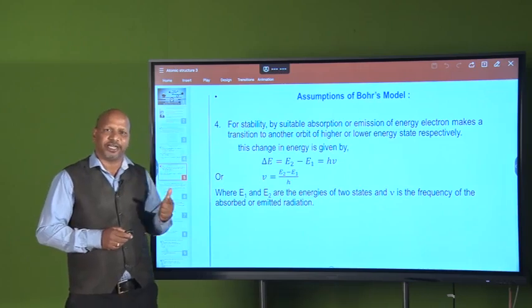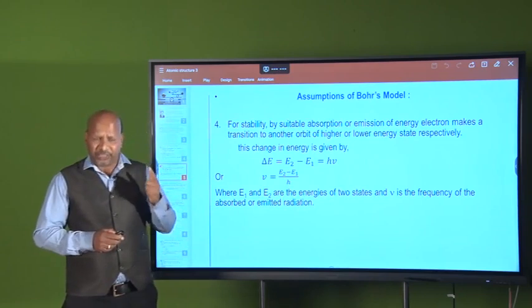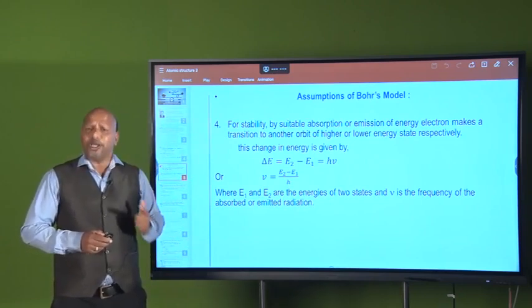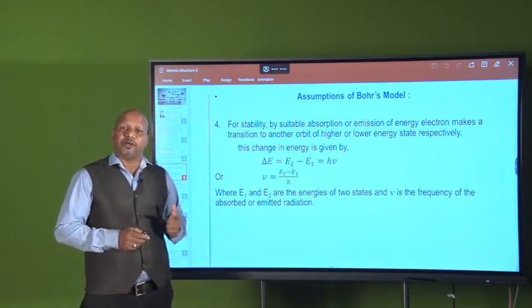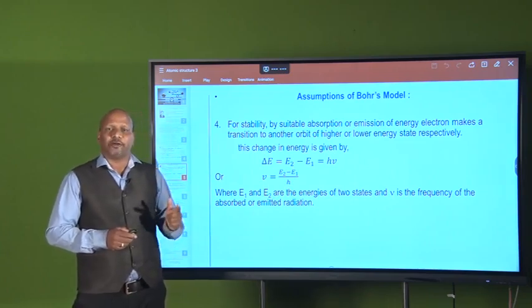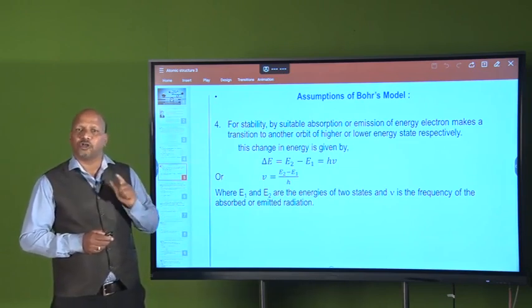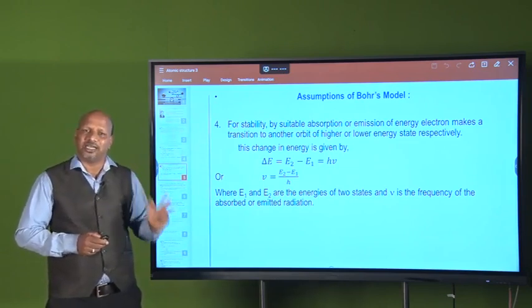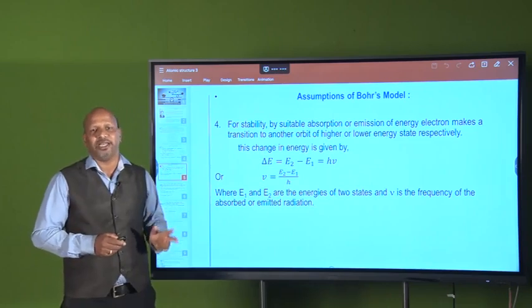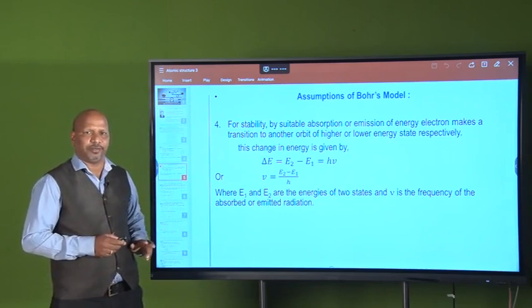Second, only those circular orbits are allowed having angular momentum that is an integral multiple of h by 2 pi. Third, as long as an electron is present in a particular orbit, it does not lose or gain energy. Last, for stability, the electron makes a transition to a higher level or a lower level.